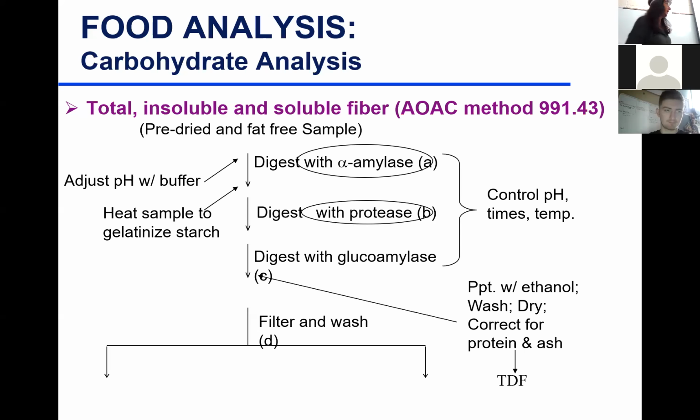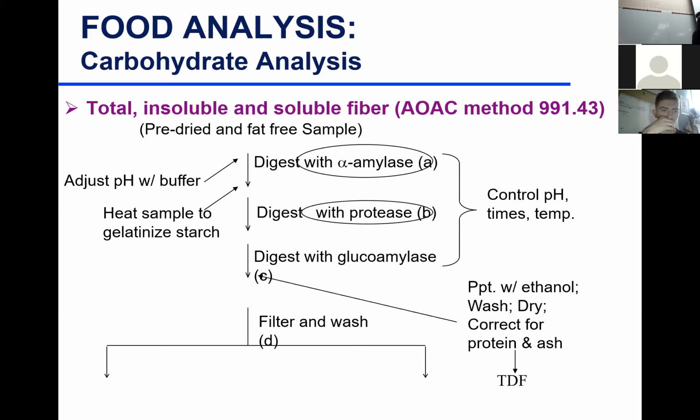You add alpha-amylase to break down the starch into maltodextrin and small oligosaccharides, and you digest the protein with a protease. You break down the proteins into amino acids so that everything is soluble. We add glucoamylase as well because you want to break down maltodextrin and oligosaccharides into glucose units that will also be in the soluble fraction of your sample.